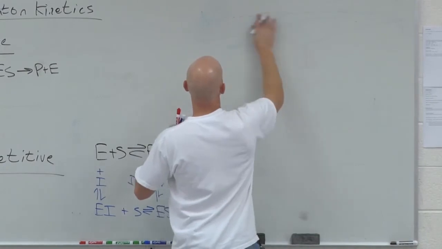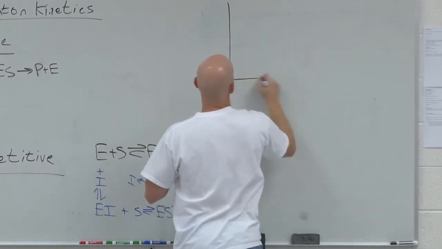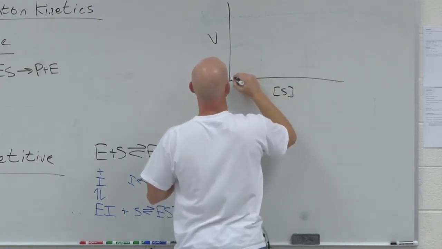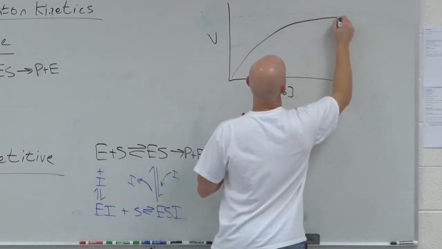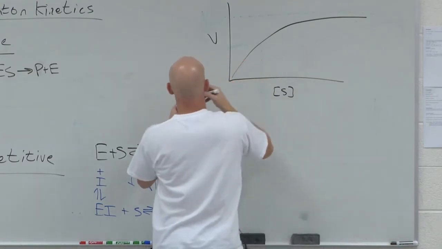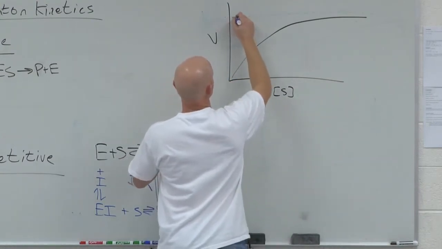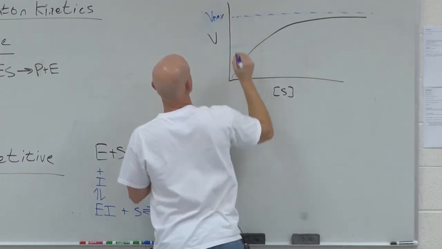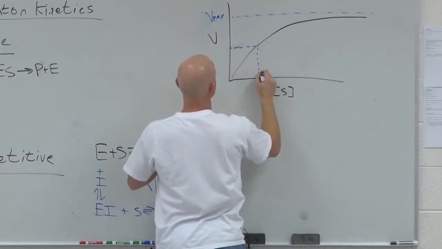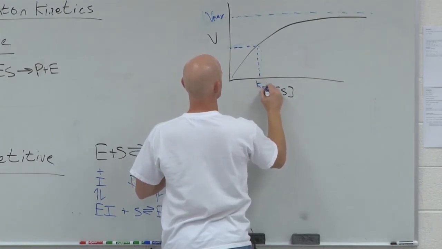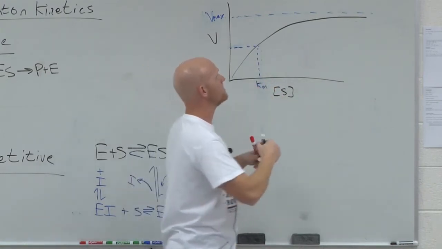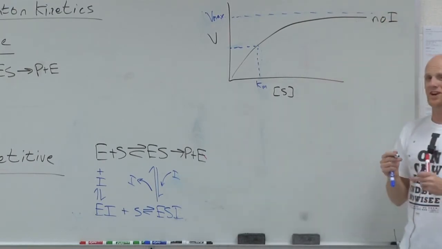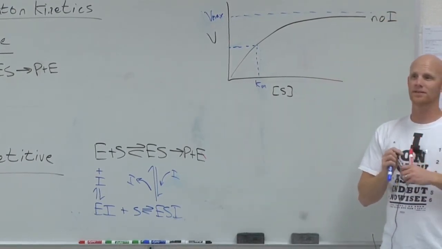So let's see how this affects things graphically now. So again, here we have the plot with no inhibitor. How's this going to change now with a non-competitive inhibitor present?